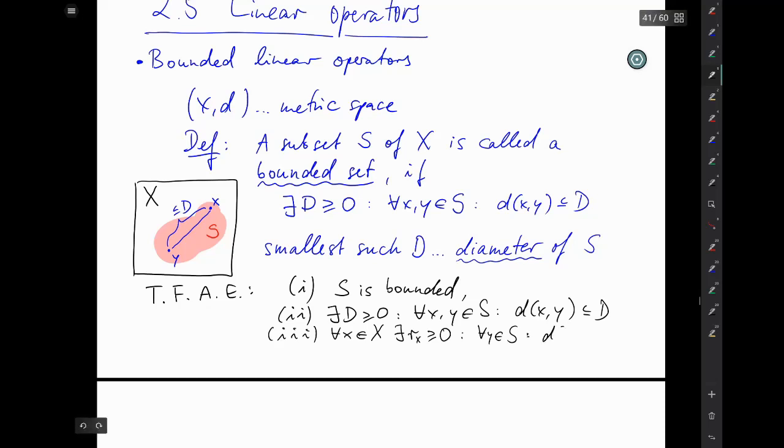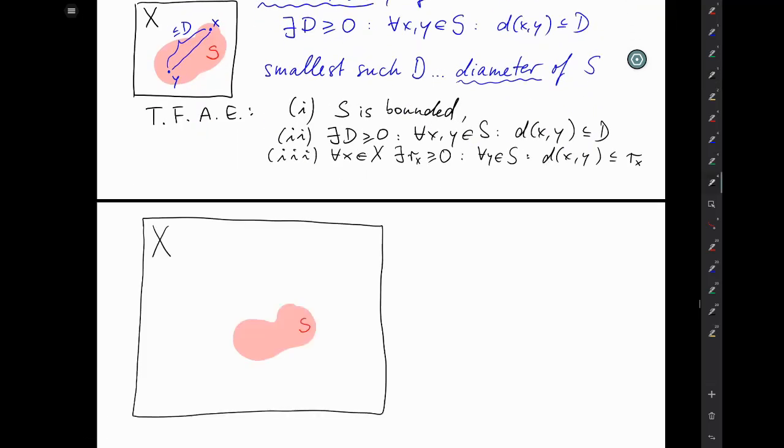So the distance between x and y is bounded by this radius r_x. So this means that no matter where in X you're putting your point little x, you can cover the whole set S by a circle around x with that radius little r_x.